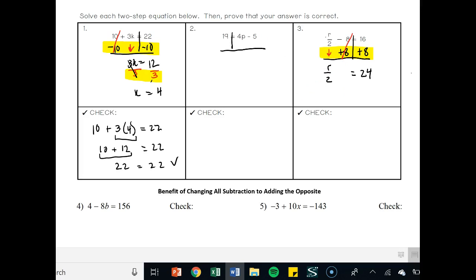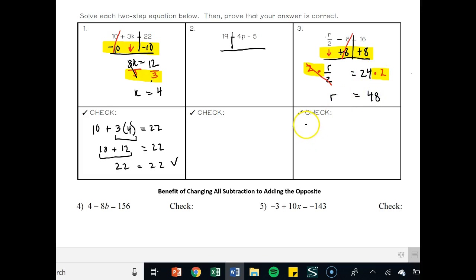I see division, therefore I'm going to multiply both sides by my denominator, which is 2. So 2 times R is 2R divided by 2. That is 1, so those cancel off. And you're going to want to highlight this step because that is your second step of a two-step equation. So R gets dropped down, and then 24 times 2 is 48. Okay? So we'll check by plugging in.